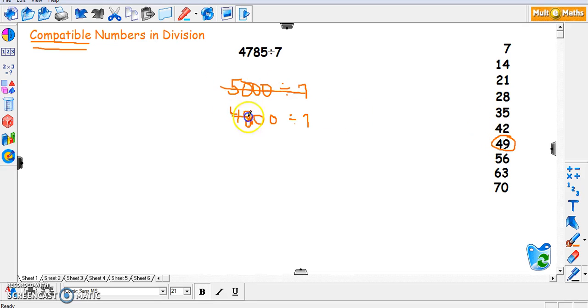So what I want to do then is change this 47 to a 49. And in place of this tens, I'm going to make a 0 here. And in place of this 5, I'm going to make a 0 here. So my new problem actually is 4,900 divided by 7.